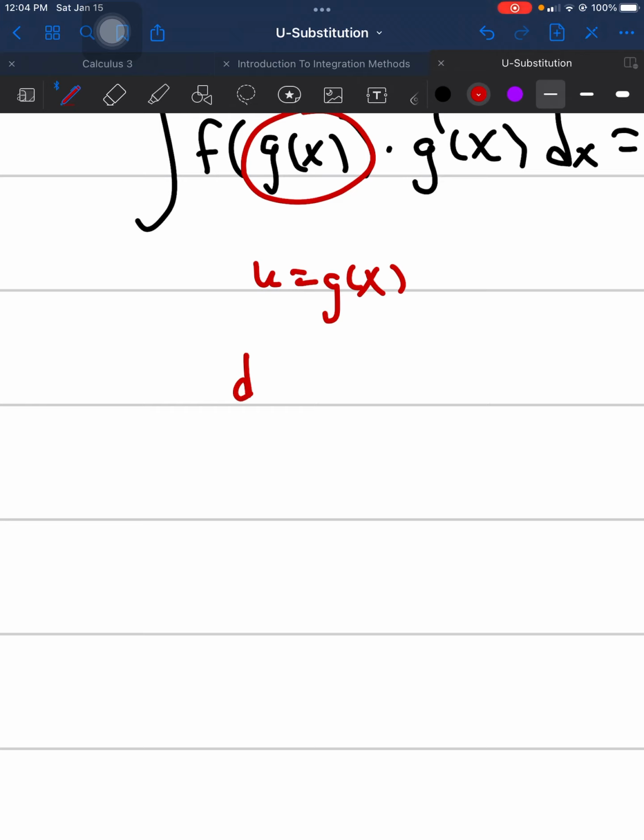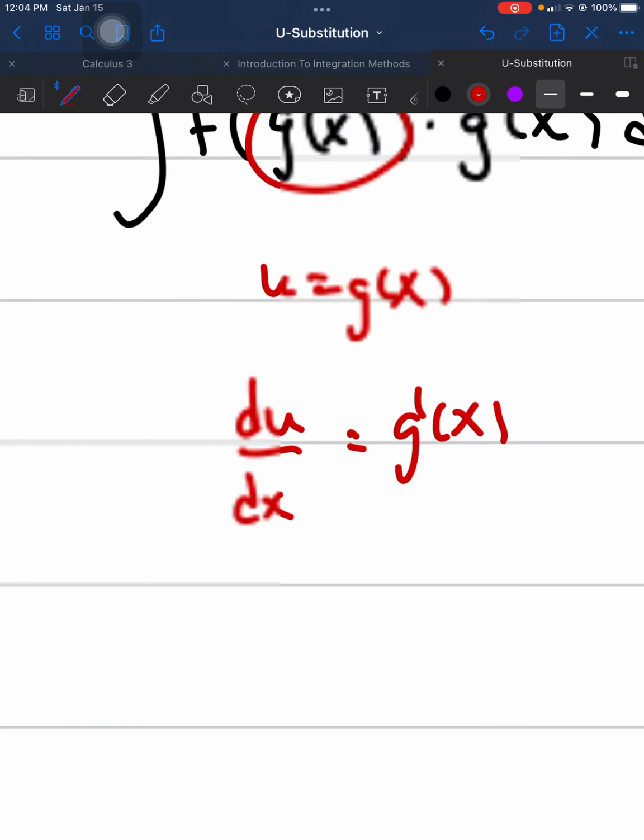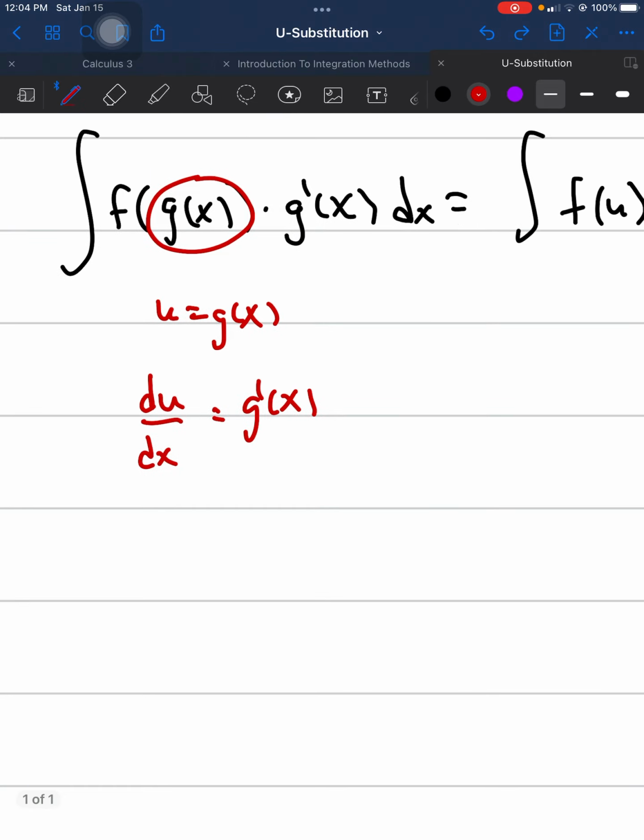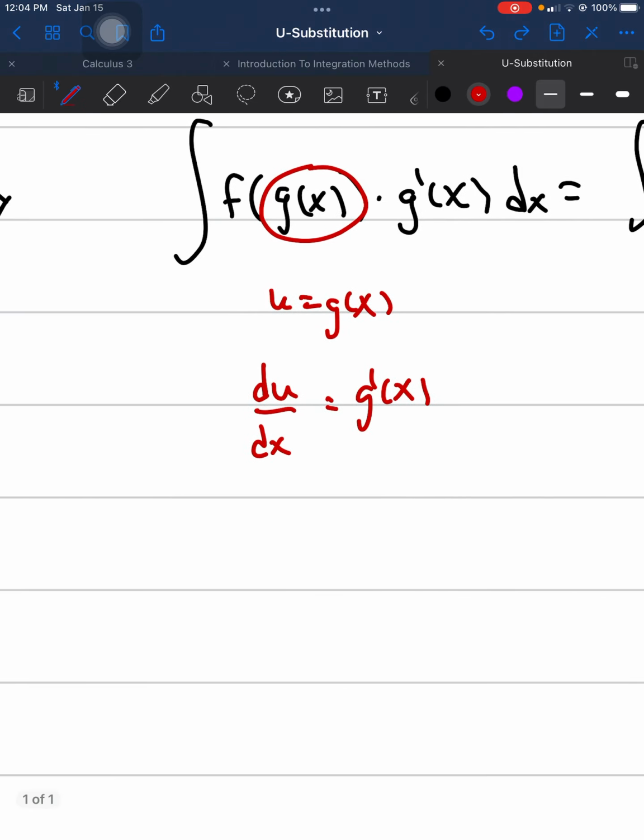So du dx is equal to g prime of x. I just took the derivative of this. Now we want to switch to the variables of u, right?